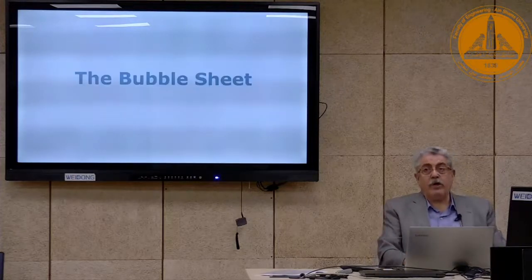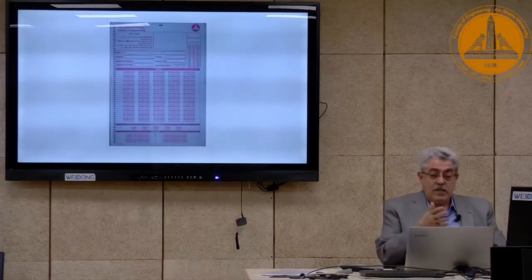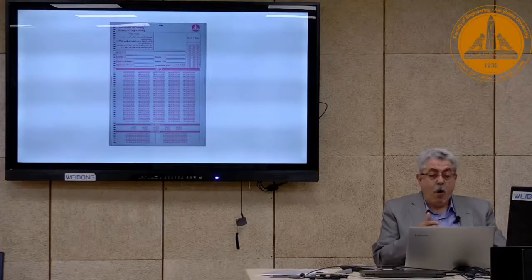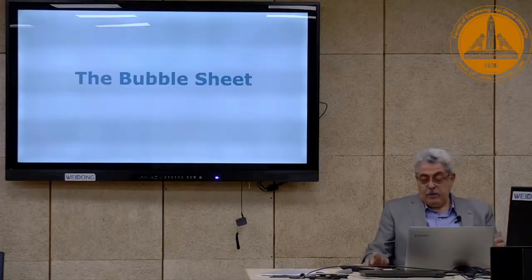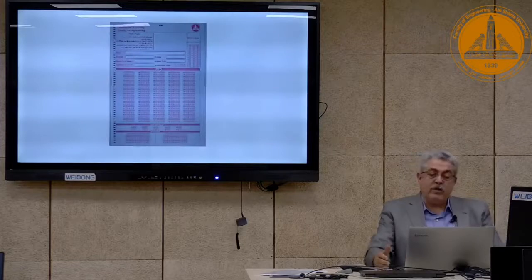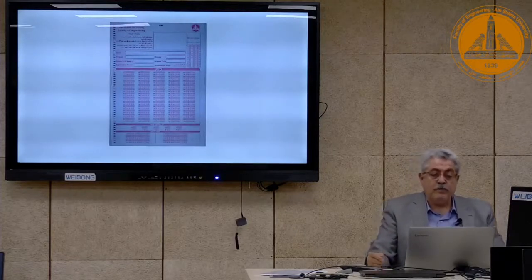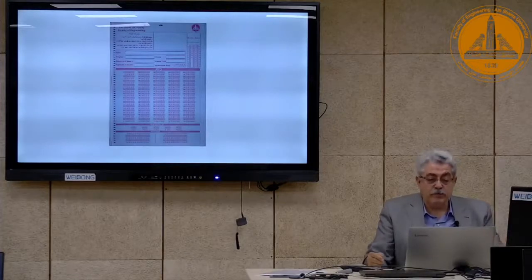Here we talk about the bubble sheet. The bubble sheet at the Faculty of Engineering can have different designs, but this design at the Faculty of Engineering, Ain Shams University, as you can see from the logo of the university, has 4 different parts.